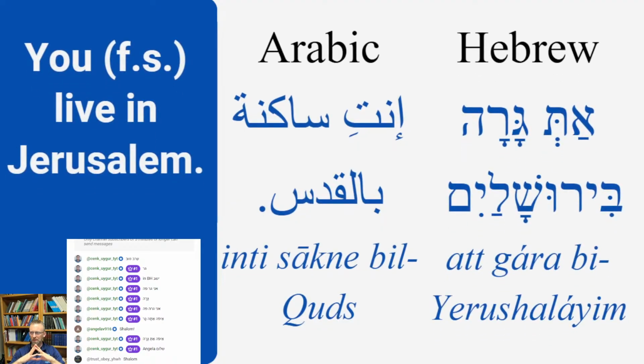In Hebrew, we have at gara birushalayim. At gara birushalayim, you live in Jerusalem. And in Arabic, inti sakne bil Quds. Inti sakne bil Quds. Excellent job, Jank. I see it, yep, at gara birushalayim. Good.